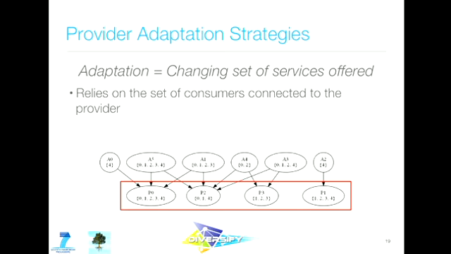Since these are localized adaptation strategies, for each producer, you don't have a global overview of the whole network. You only know what your consumers do. So you know the number of consumers that are connected to you and the services that they require. That's all the information that you have. It's a pretty simple, localized view of this whole network. You only know what is in your neighborhood in essence.